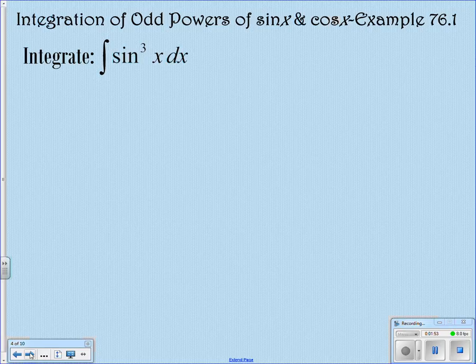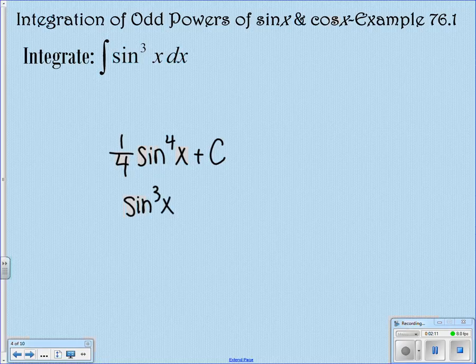Now you may think that all it is going to be is 1/4 sine to the 4th of x plus c. However, if you take the derivative of that, 1/4 and 4 are going to cancel, and you're going to have sine cubed x.